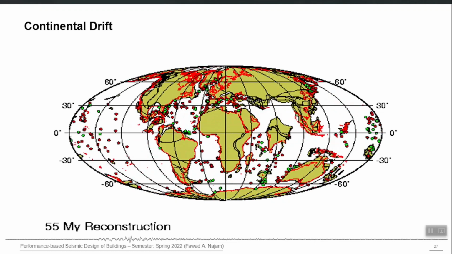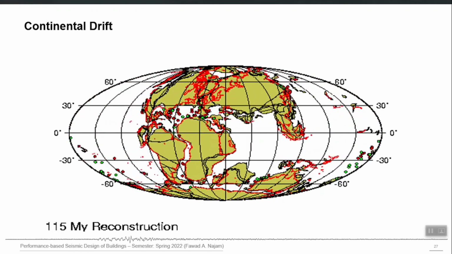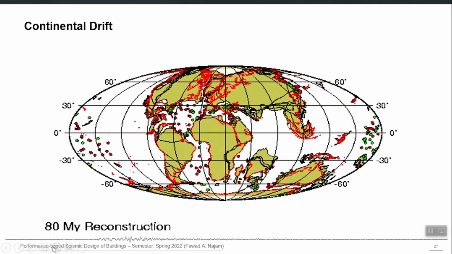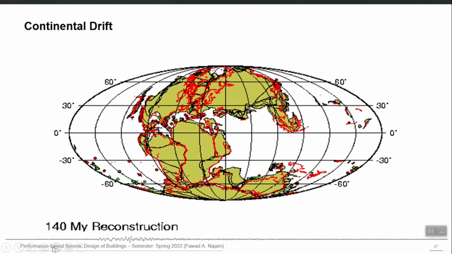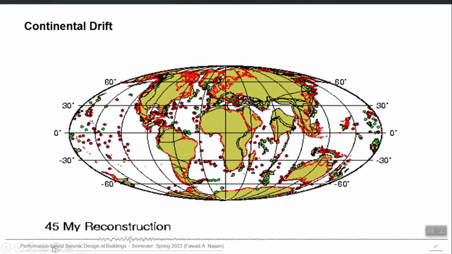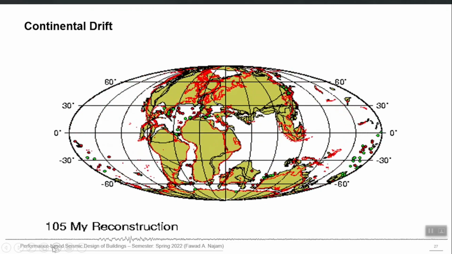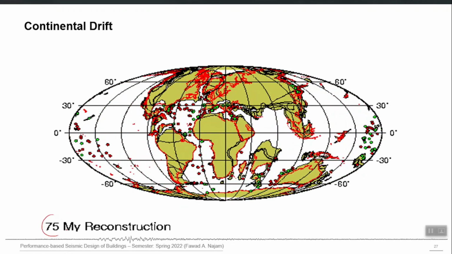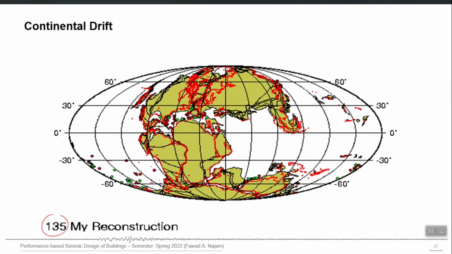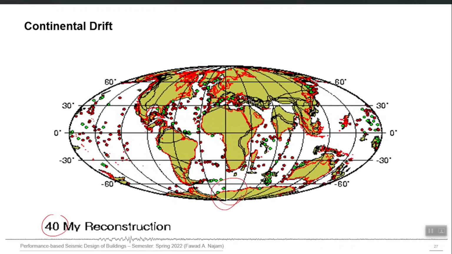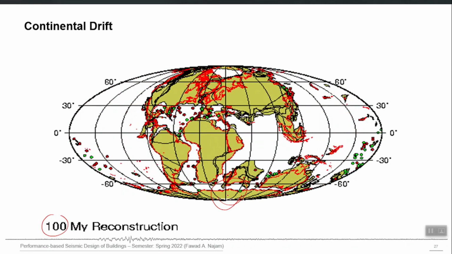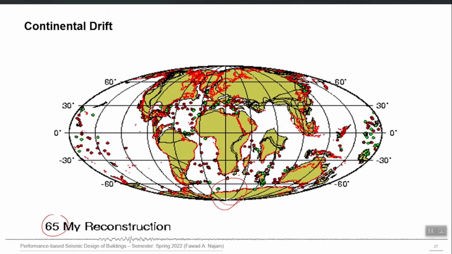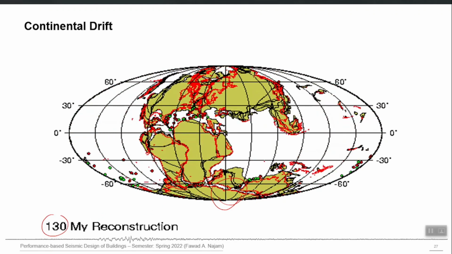So if we reconstruct that movement for millions of years, at the bottom you see from 150 million years up till 0 million years, which is today, you see how these pieces of land break apart and move in different directions. For example, around 150 million years ago, India was somewhere here, right, at the bottom, and then it traveled and it crashed into the upper piece of land around maybe 50 or 60 million years ago, right.